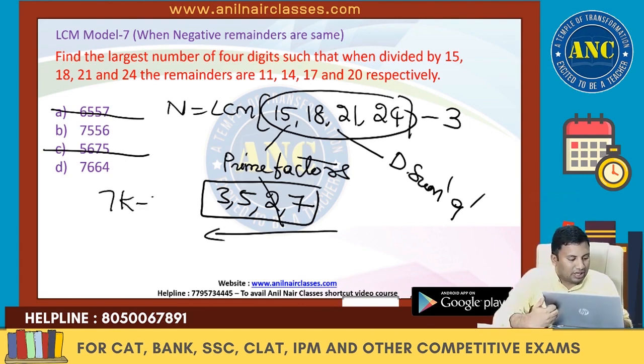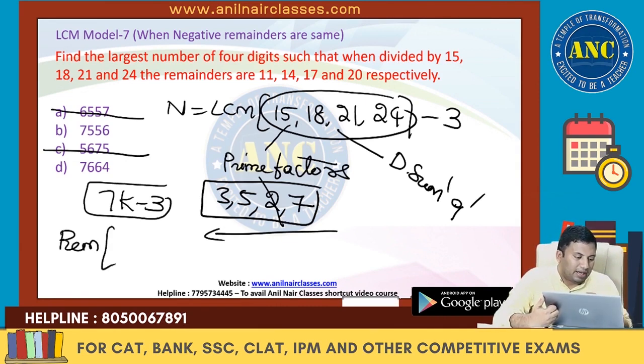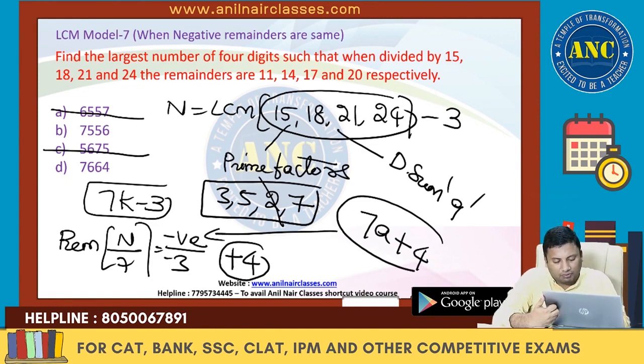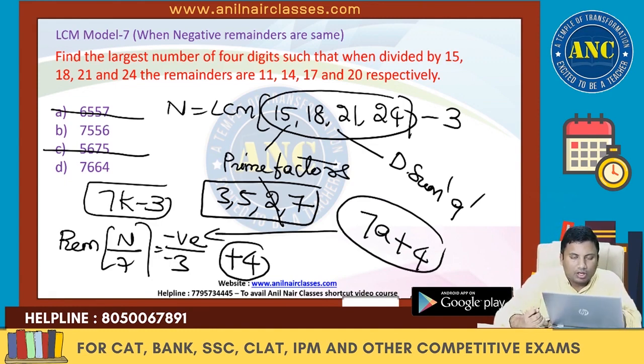7k minus 3. What do you mean by 7k minus 3? When a number is divided by 7, the negative remainder is minus 3, so the positive remainder will be 7 minus 3, that is 4. The answer is 7 into something plus 4.